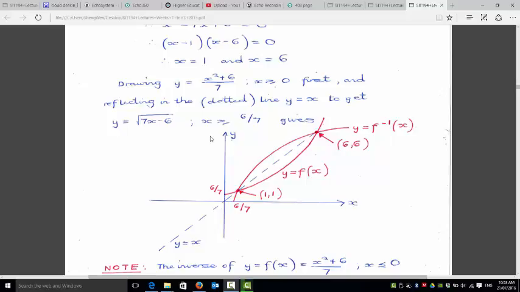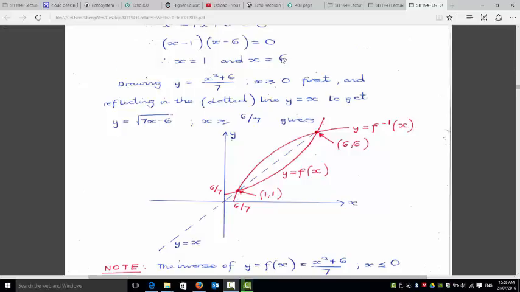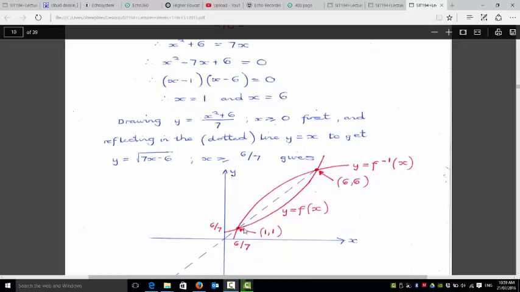So here we have intersections x equal to 1 and x equal to 6. Because we have f(x) equal to x, we get two intersection points: (1, 1) and (6, 6).